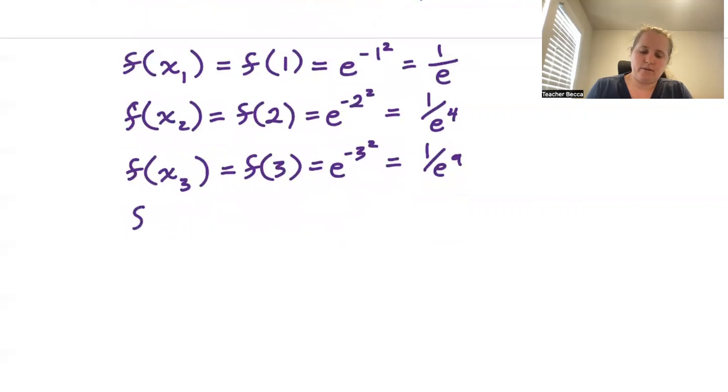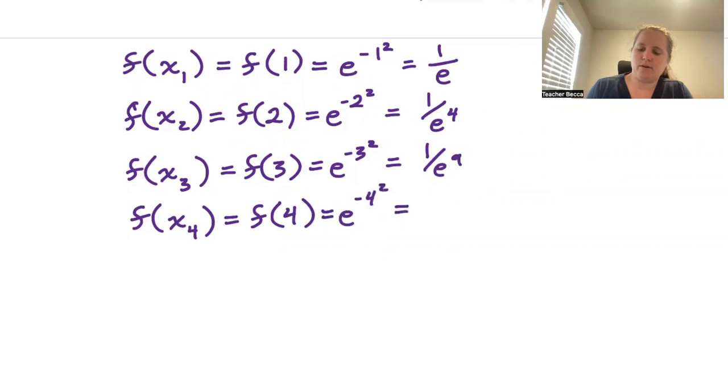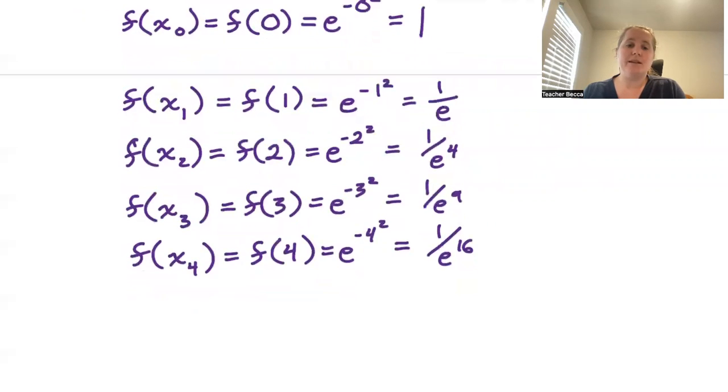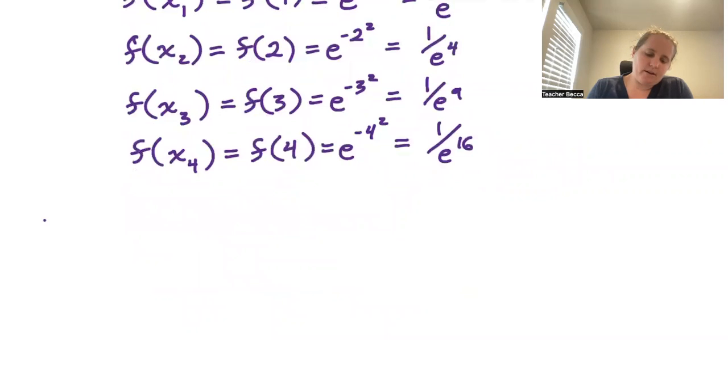And finally, f of x4 is f of 4, or e to the negative 4 squared, better known as 1 over e to the 16th. At this point, we have all of the numbers that we need. So now we can go ahead and apply Simpson's rule.